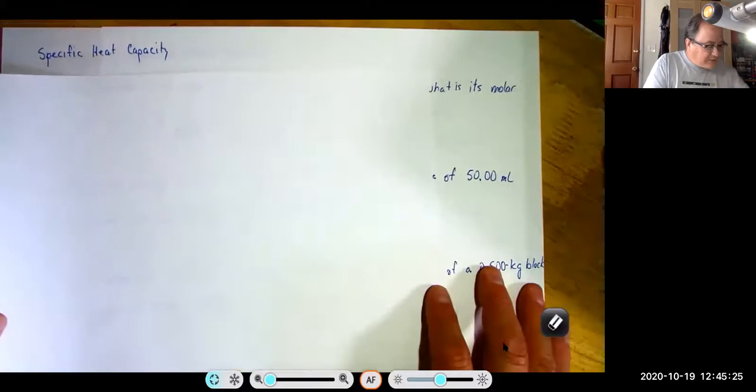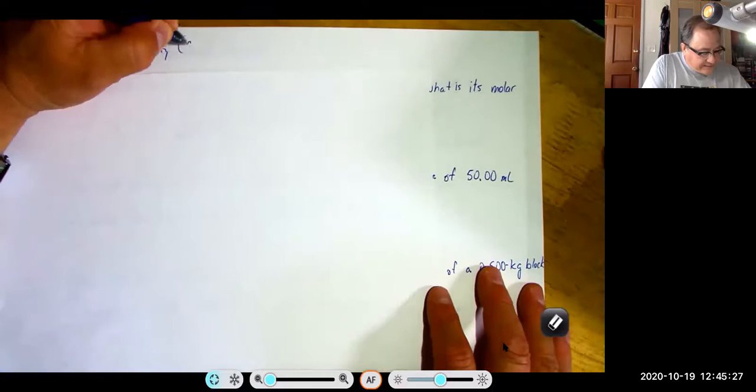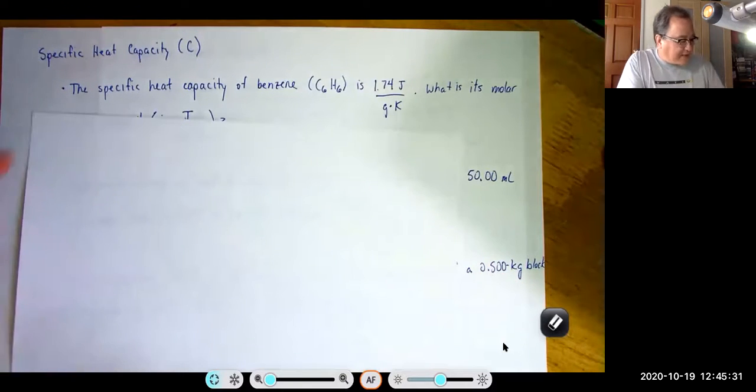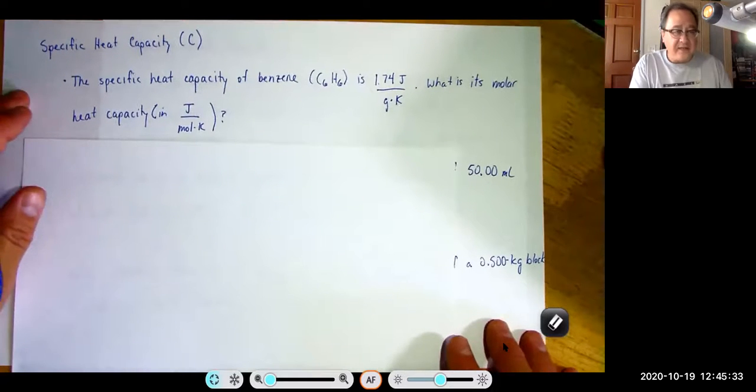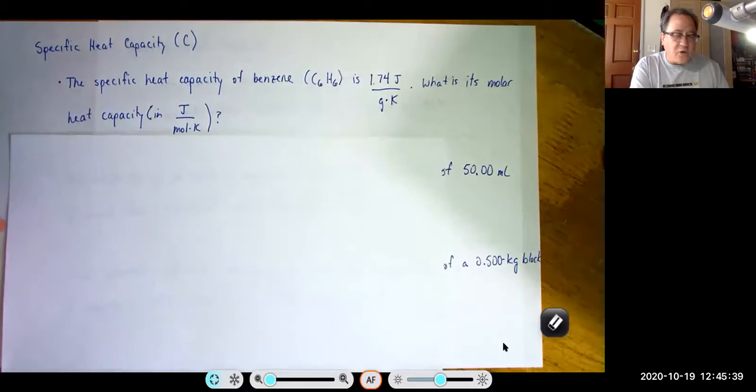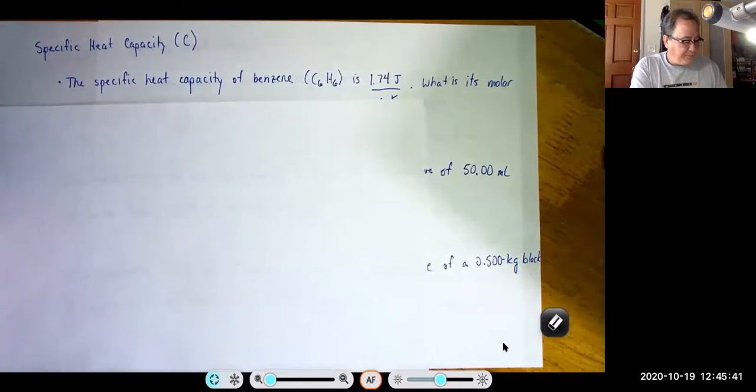So for specific heat capacity, this has the symbol C. And the definition of specific heat capacity, which you'll find in the lecture that you'll be able to view later today, is the amount of energy required to heat 1 gram of a substance by 1 degree Celsius or 1 Kelvin.